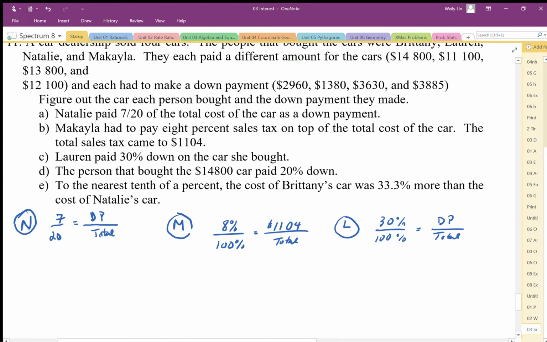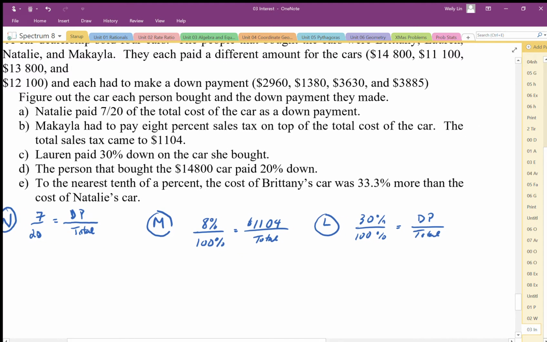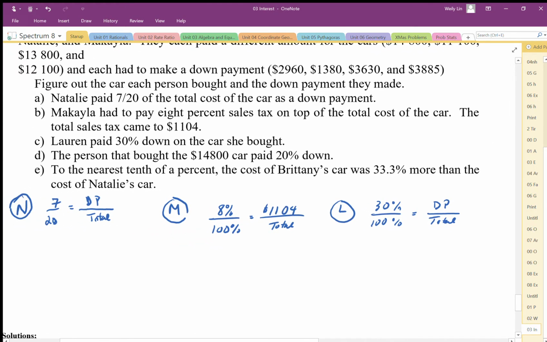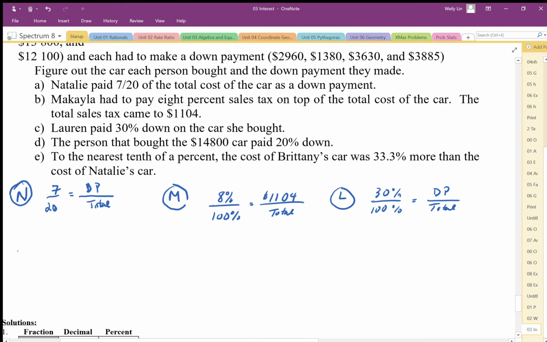And the person that bought the $14,800 car paid 20% down. We don't know about that person, so that's the unknown. We'll say it's X, and 20% over 100% is equal to the down payment over 14,800, the total.